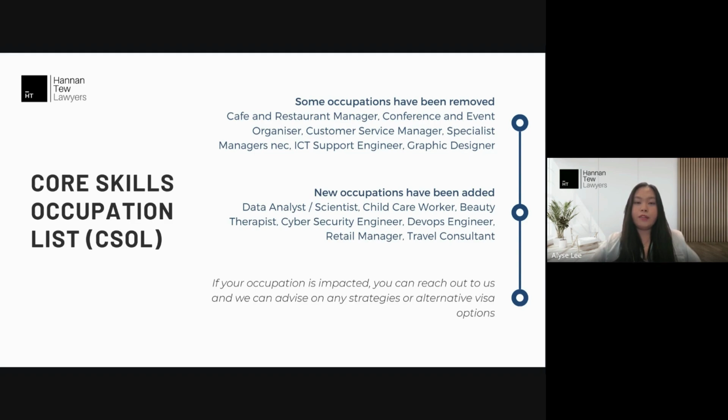So where you believe any candidate is impacted or that your occupation doesn't fall into this list, please feel free to reach out to us in the first instance, and we can review and discuss any strategies or any alternative visa options.